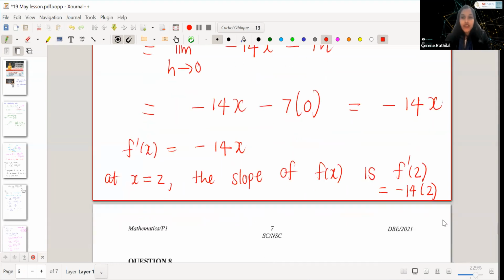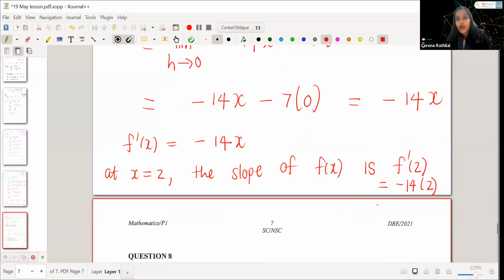And that's just going to give you a value of negative 28. So that is the slope of the curve f at x equals 2. Does everybody follow that reasoning? Are we all happy with our first principles and our interpretation of what the final answer is giving us? Great. Okay, we're getting thumbs up.